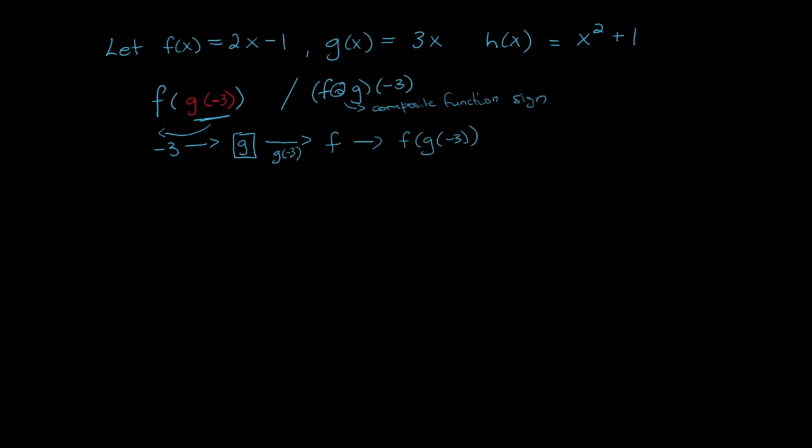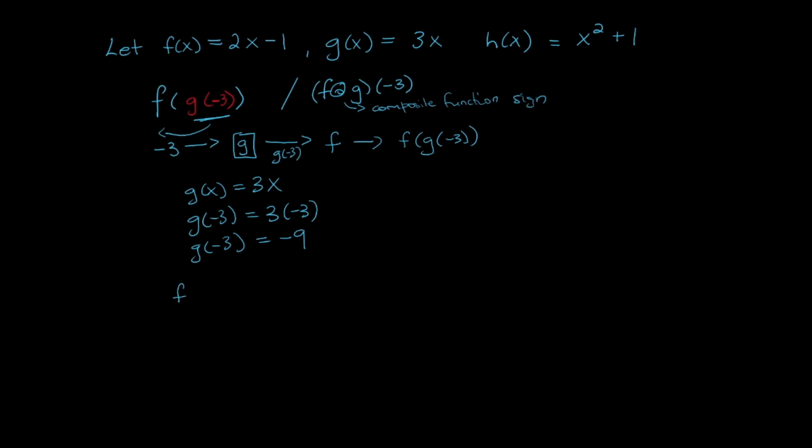So let's start with g of negative 3. g of x is equal to 3x. Therefore g of negative 3 is equal to 3 times negative 3, and so g of negative 3 is equal to negative 9. Now that we found the value for g of negative 3, we can plug that value into the function f.